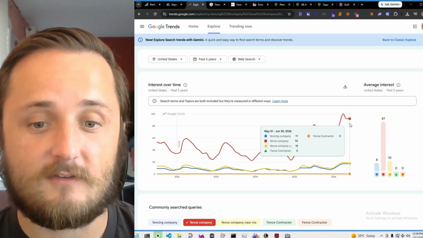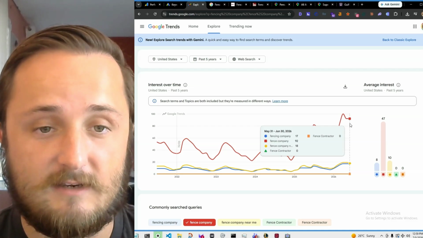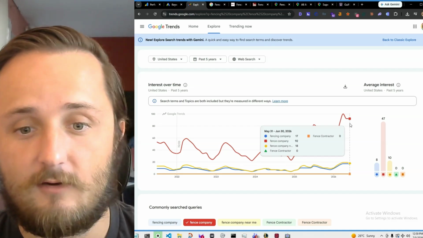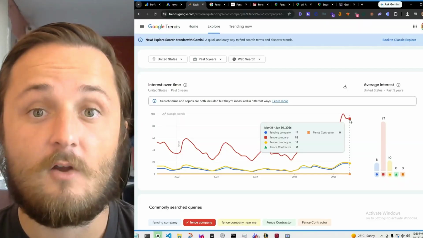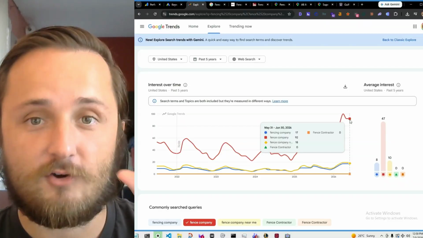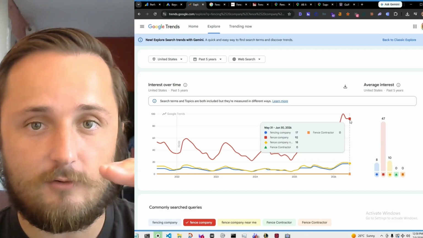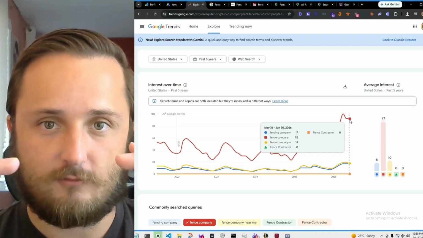So this does not mean that this word is being searched 92 times, right? Because we can see right here, we've got fence company 92. What that means is in relation to itself, it is currently at 92 of 100 from its overall search history.